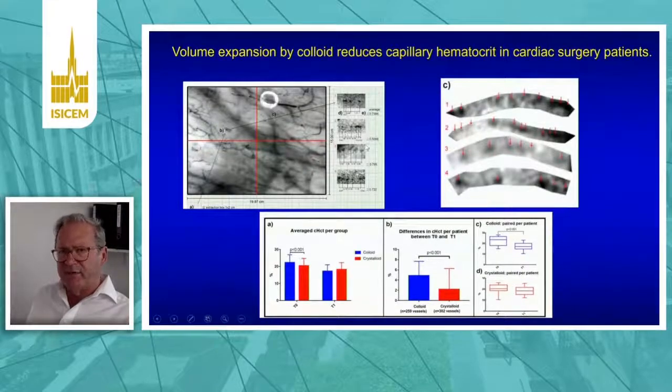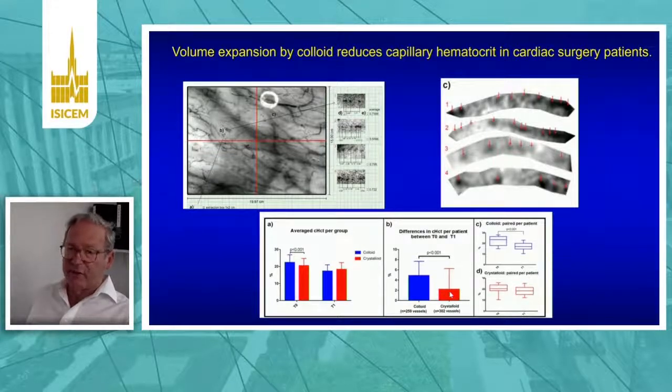We actually did this in a very comprehensive study in which we looked at the images of the microcirculation and were able to calculate the capillary hematocrit. We showed that in cardiac surgery patients, when these patients were given colloids, which is what you would expect, the colloids actually increase the distance between the red blood cells, which is exactly what you would expect from a volume expanding resuscitation fluid, and this results in a reduction of the capacity of the microcirculation to transport oxygen.